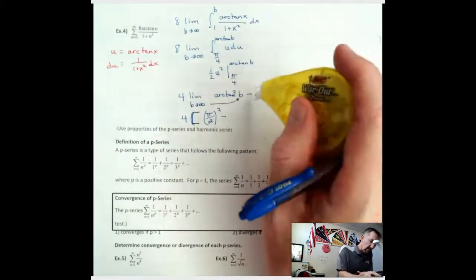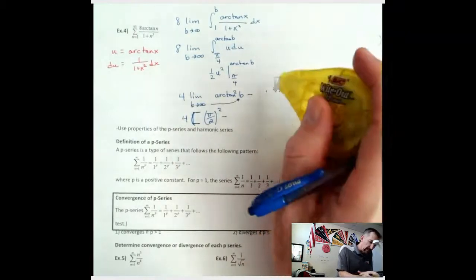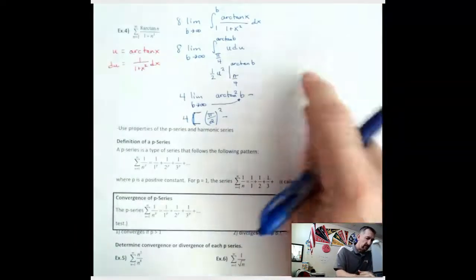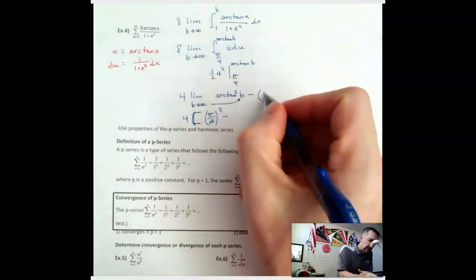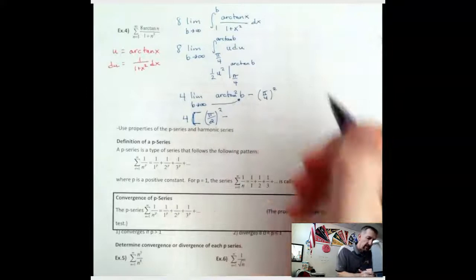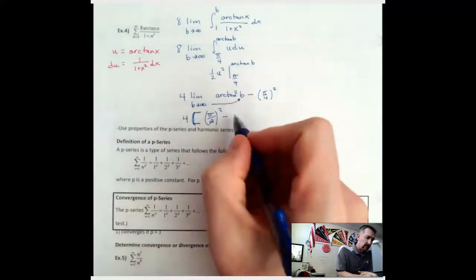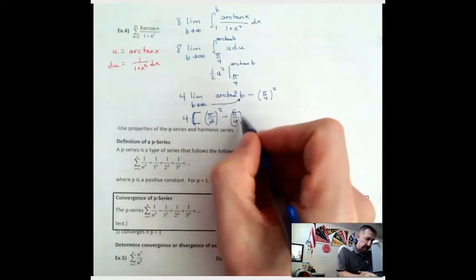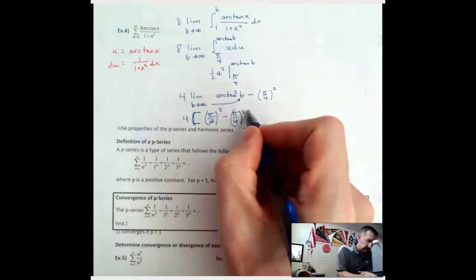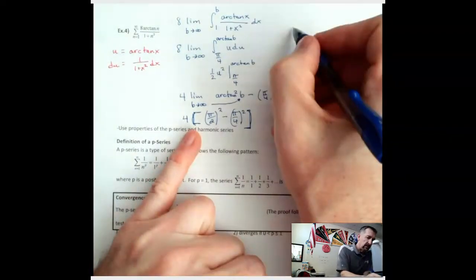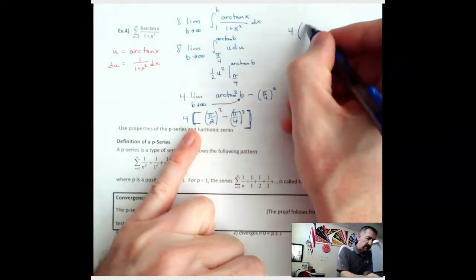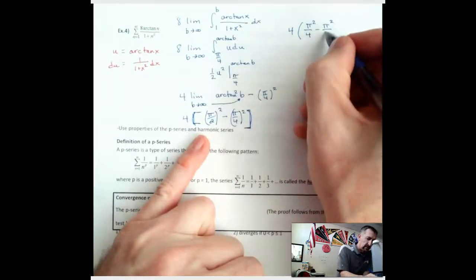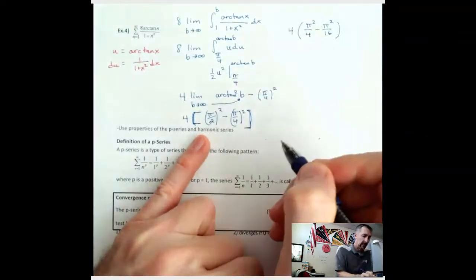This is just pi over 4, so that should have just been pi over 4 squared. So that's going to be pi squared over 4 minus pi squared over 16.